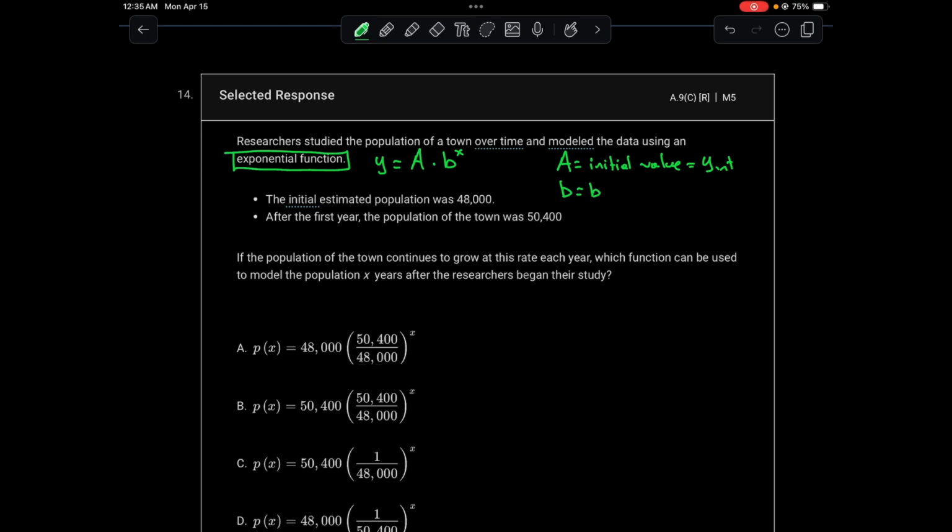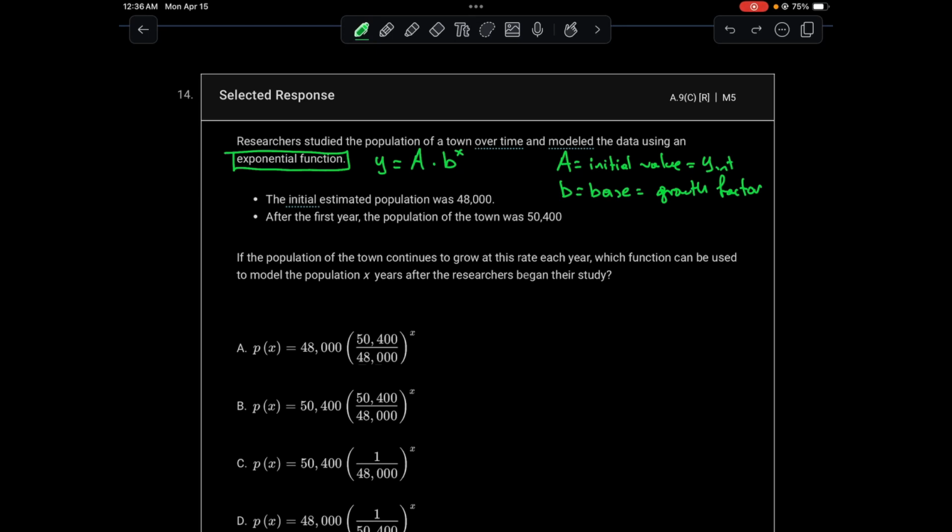B is the base or the growth factor. This is the number you multiply every year or every generation, depending on what x means. Now we'll see if x goes by month, by day, by hour, by second. Every click you multiply times the growth factor.